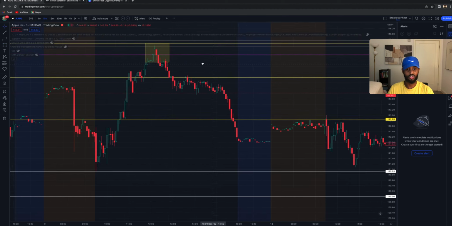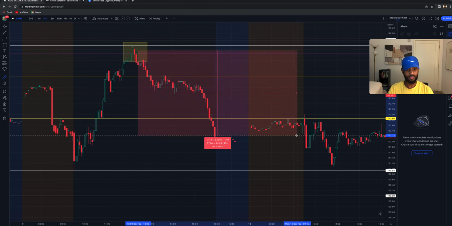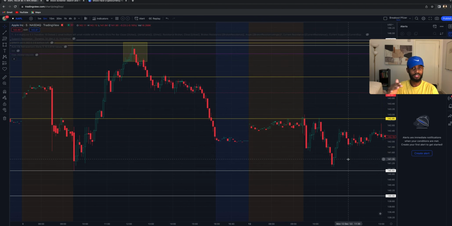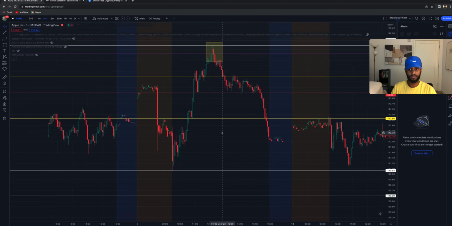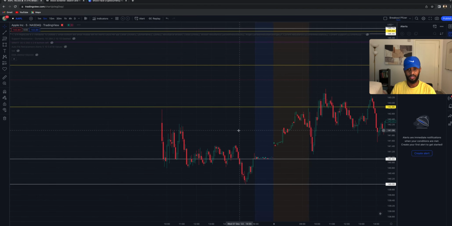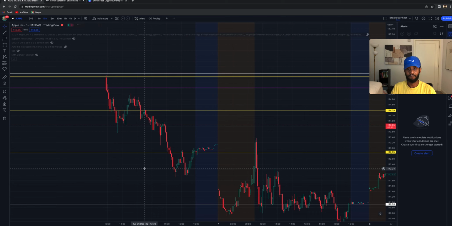It had this strong push down of about 3%. If Apple came into this area and you bought some puts, you could have seen a nice return. Same thing here. This area became a resistance level. This area became resistance. We found support here.